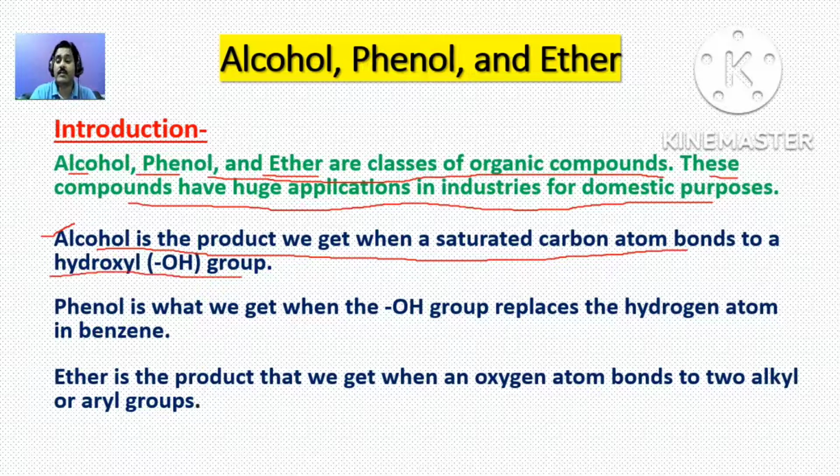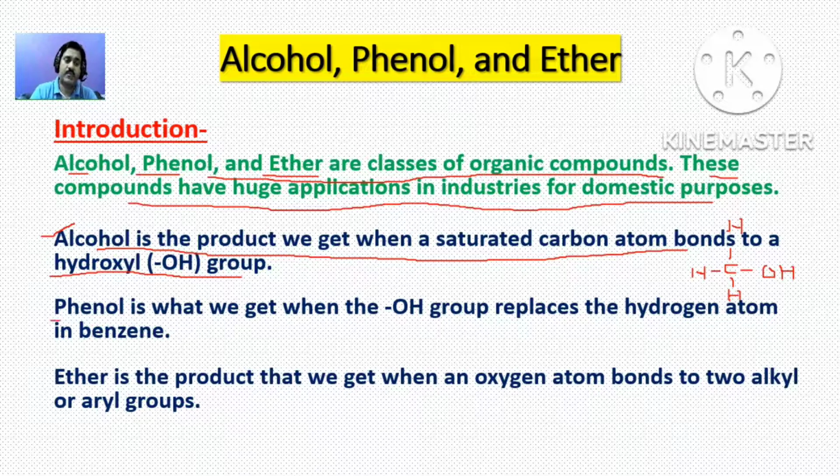A saturated carbon atom is combined with hydrogen or other atoms, and if we combine OH to it, then that is called an alcohol. Suppose here hydrogens are attached, then it will form methanol. Methanol is an alcohol.